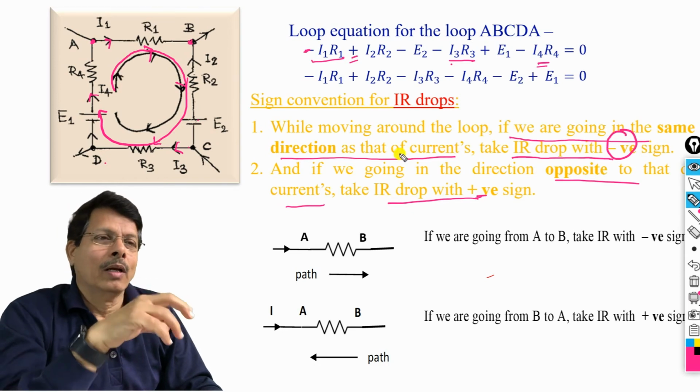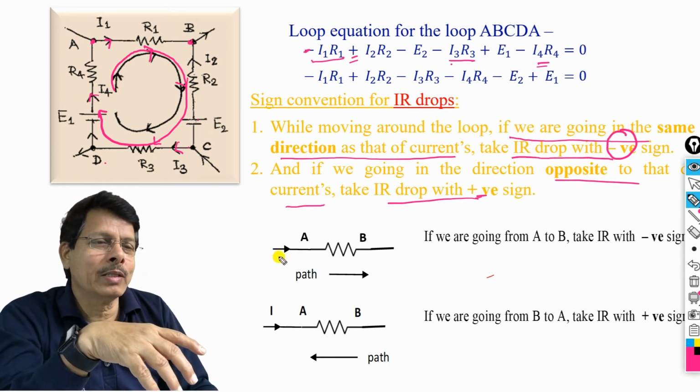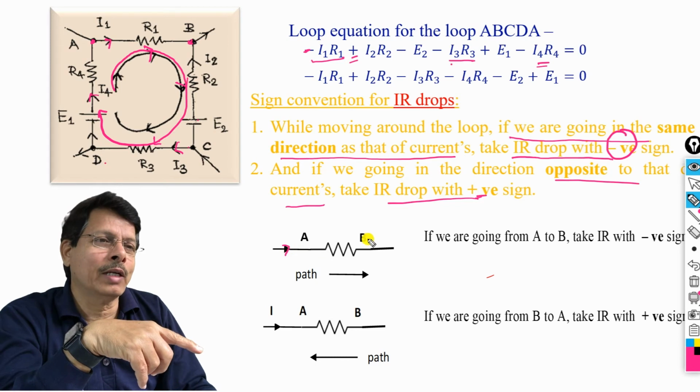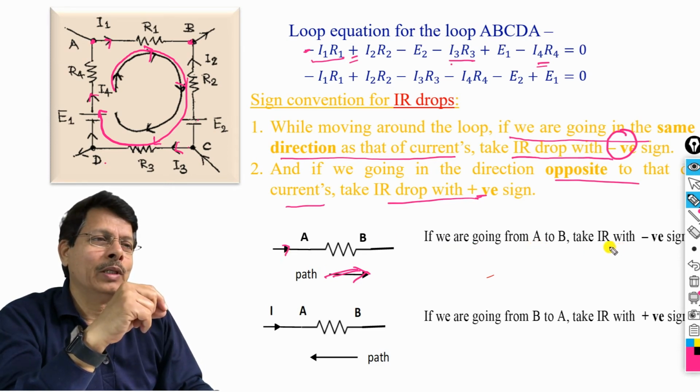In order to illustrate this, you can see this simple diagram. We have one resistor here, and this is the direction of the current flowing through that resistor, and suppose that you are tracing in this direction. So if we are going from A to B, take IR with negative sign.